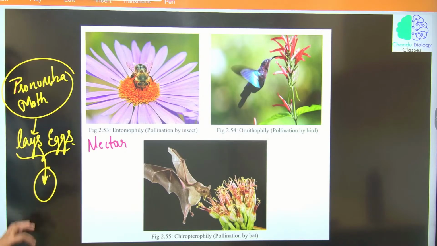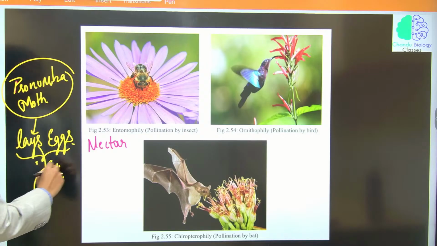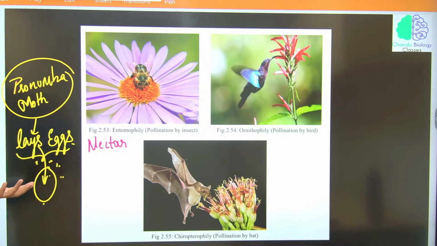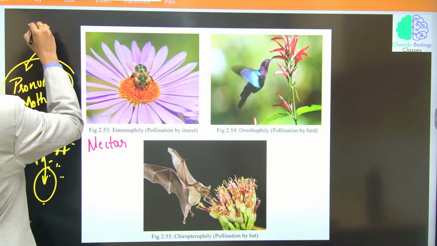The moth benefits as the eggs get fertilized again inside the ovary only. By the time this turns to seed, the eggs will be dispersed. So this is the benefit that the Pronuba moth gets when it pollinates the yucca plant.